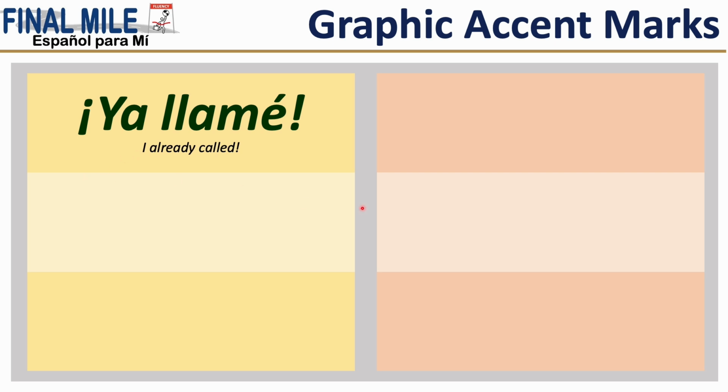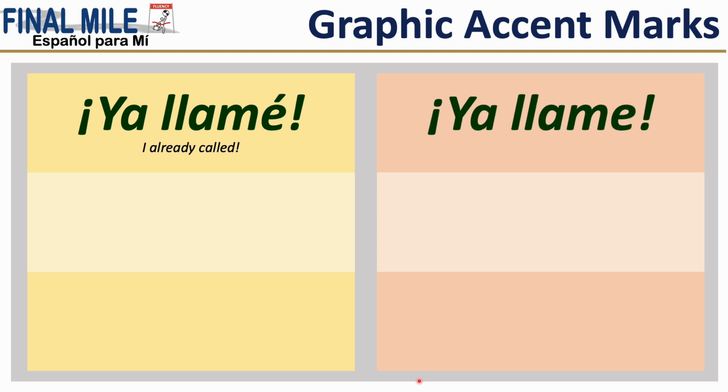And it means I already called. Now, let's do that one. And what does this sound like? Ya llame. Notice that the emphasis is not on the E. This is ya llamé, and this is ya llame.